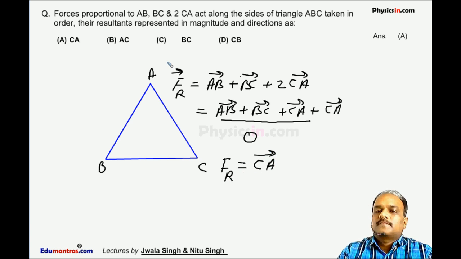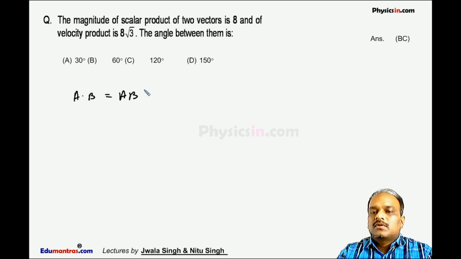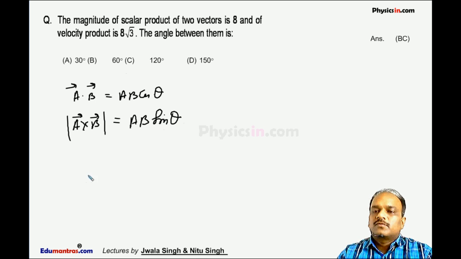So the resultant force is along CA. The magnitude of the scalar product of two vectors is 8. Scalar product means A dot B, which is equal to AB cos theta, and cross product means A cross B, its modulus is AB sin theta. It is given that the scalar product is 8 and the vector product is 8 root 3.